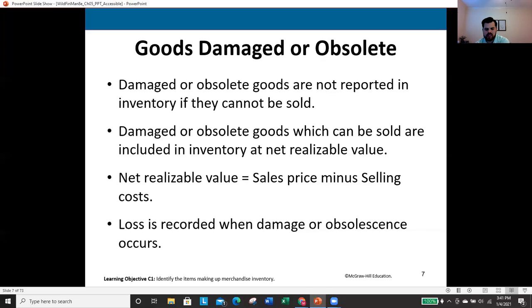But now if we can only sell them at $150, it doesn't make sense to list them at $200 on my balance sheet. So I've got to write them down to what is called net realizable value, which is known as sales price minus selling costs. This results in a loss that is recorded when damage or obsolescence occurs. So we could be looking at a loss here. Note, you will not be looking at a gain here ever.